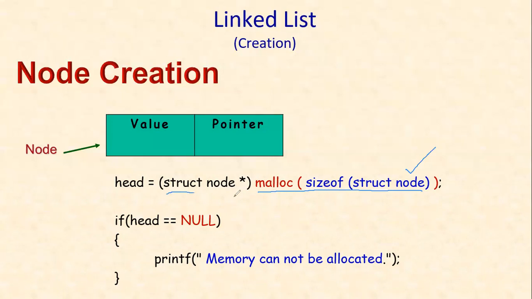Here you have to keep the type of the pointer to which you are allocating memory, so you are doing typecasting here. You write struct node *, and the memory is allocated for the struct node. This is the memory allocation statement to allocate memory for one node.